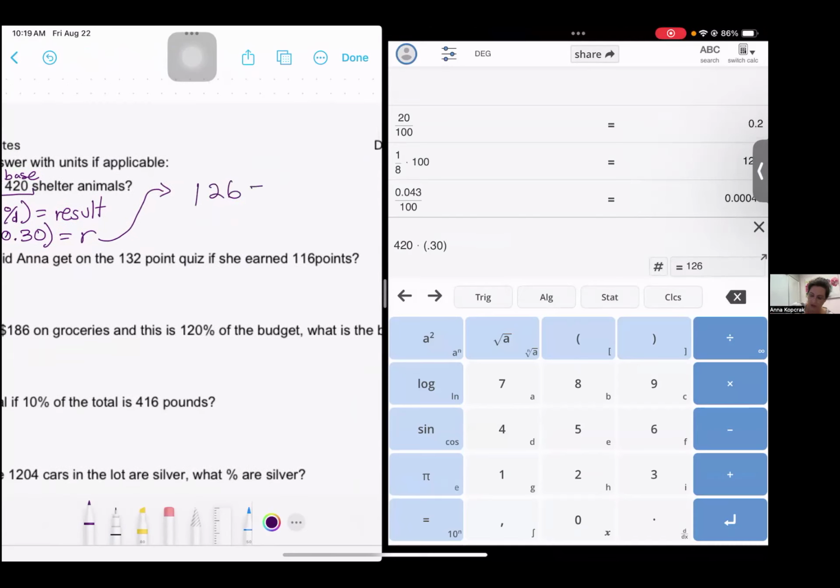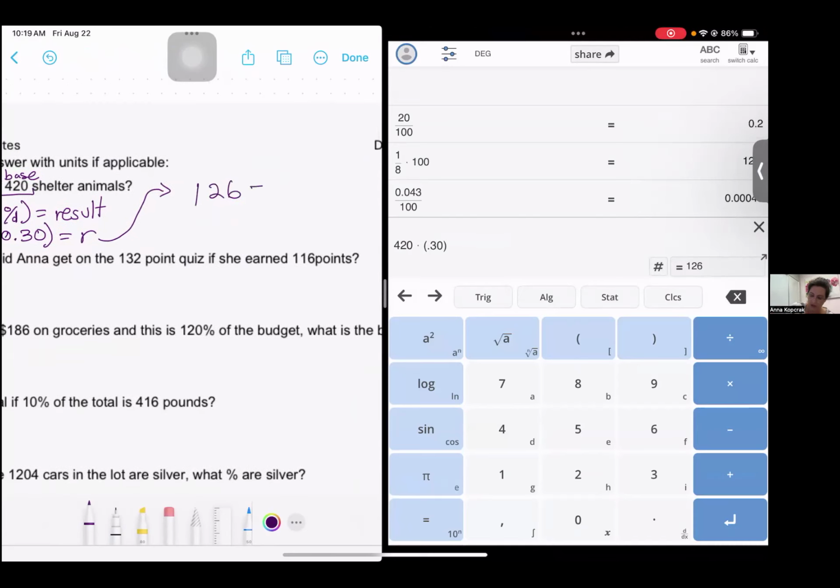If John's 20% off burrito costs $4.50 less than full price, what was full price? This is interesting because this is not the result value. This is a percent discount. This is a discount value.